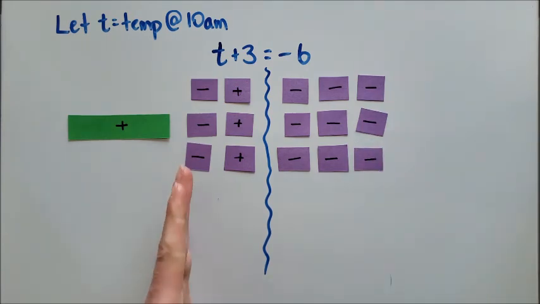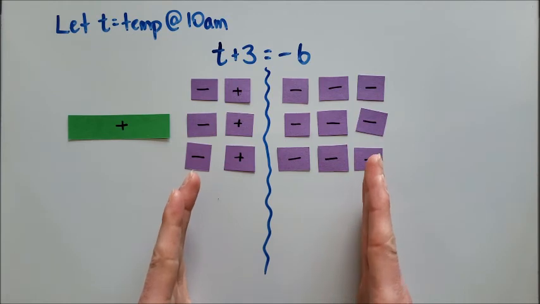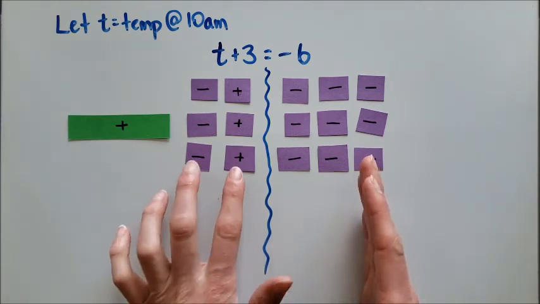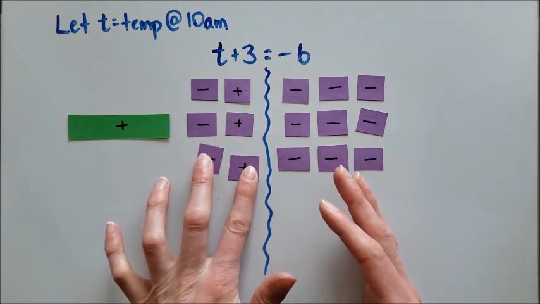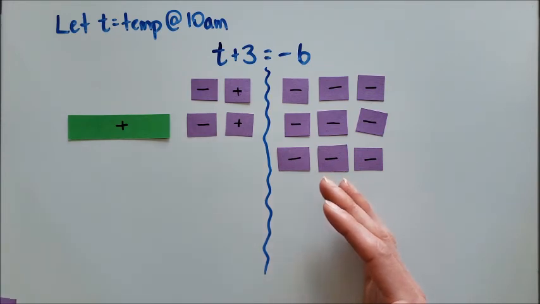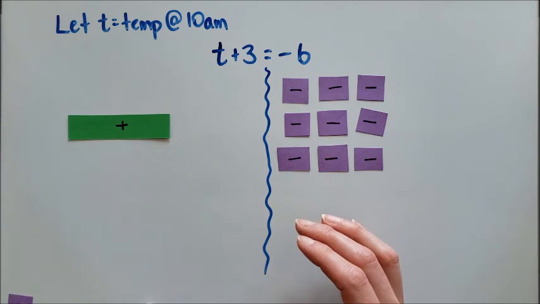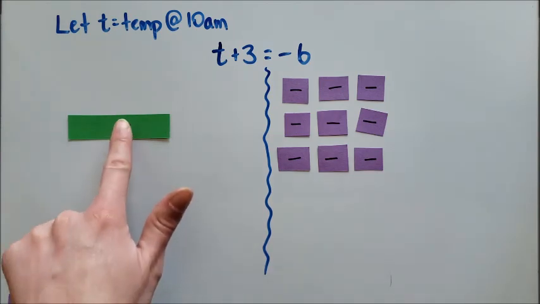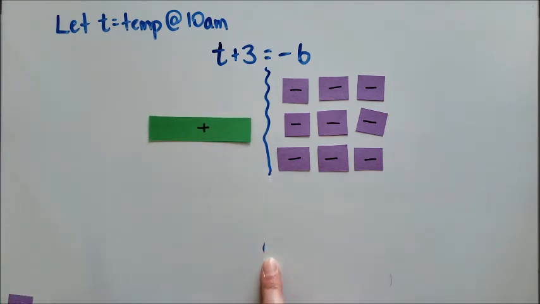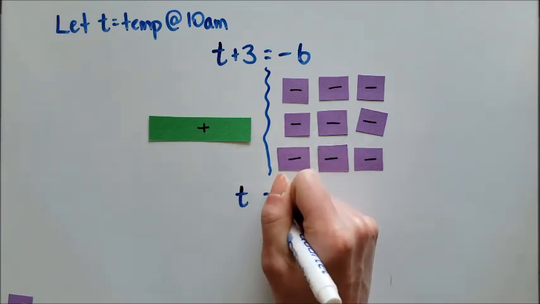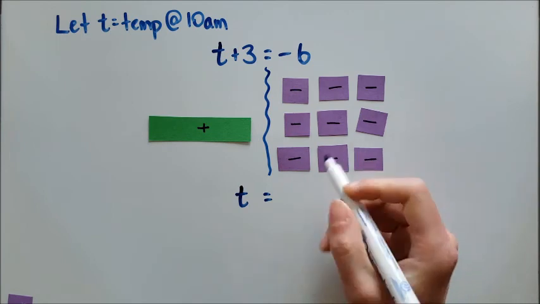So I've added 3 negatives on this side and 3 negatives on this side. So what I can do is these are equal to 0. They cancel each other out. So I'm going to take away that pair, take away this pair, and take away this pair. And I'm left with T on this side is equal to -9.